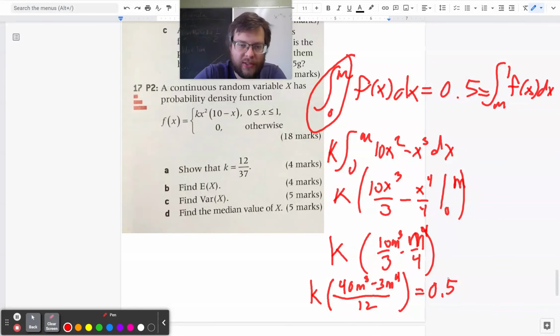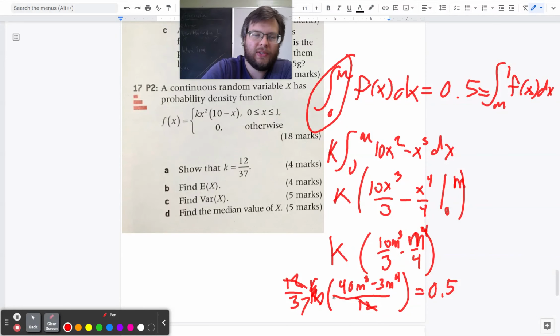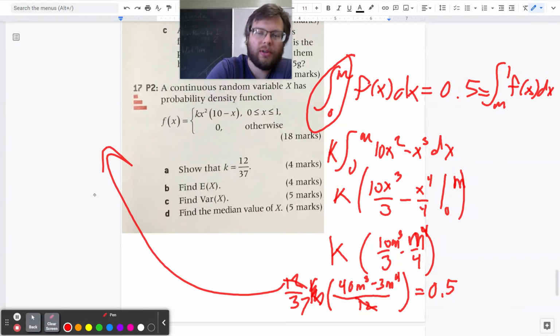So k is equal to 12 over 37, right? So I can cancel out the 37s, and then I can multiply by 37 to get rid of the fraction. So what is 37 times 0.5? Would that be 18.5? So I've got 40m cubed minus 3m to the fourth equals 18.5.